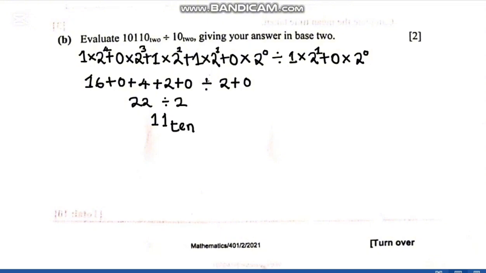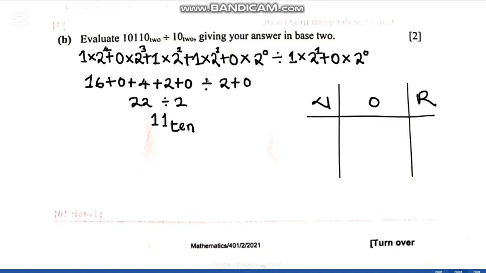Now we need to change this 11 to base 2, since the answer should be given in base 2. For this, we'll come up with a small table that has 3 columns: number, operation, and remainder. This table will help us change 11 base 10 to a number in base 2.